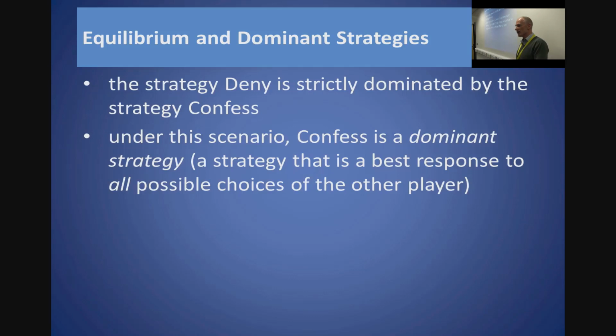Now, given the way that we've set this game up, we've said that there is a strictly dominated strategy, that we will never ever choose to deny. Well, given that we've only got 2 outcomes, if one of them we'd never choose to do, we'd never choose to deny, that means that the players will always choose to confess. And in scenarios such as this, if you have one single optimal strategy, something that you always choose to do, regardless of what the other player does, that is referred to as a dominant strategy.